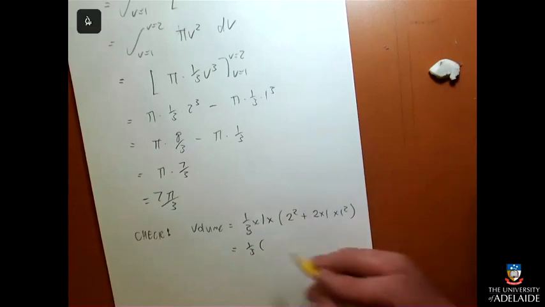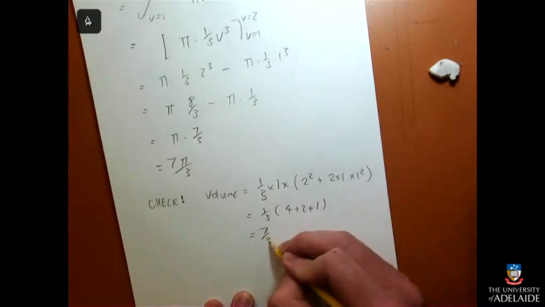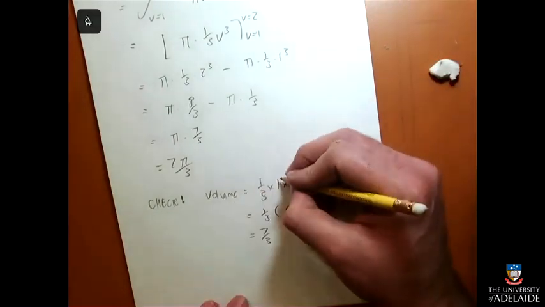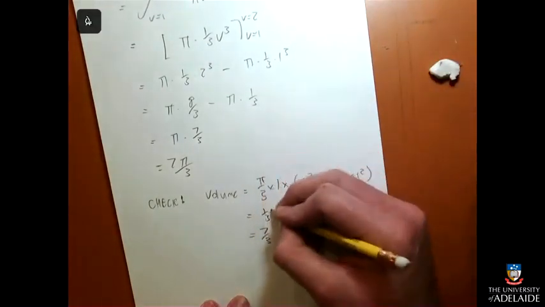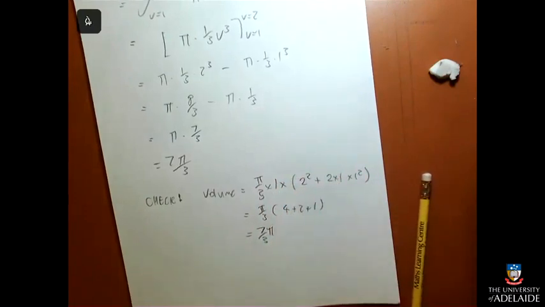So that's, which is 7. Oh, with a pi, sorry. Right. Cool, that works. Awesome. Okay.